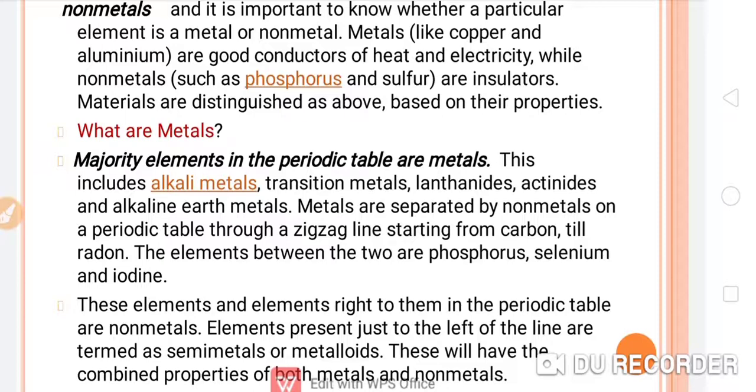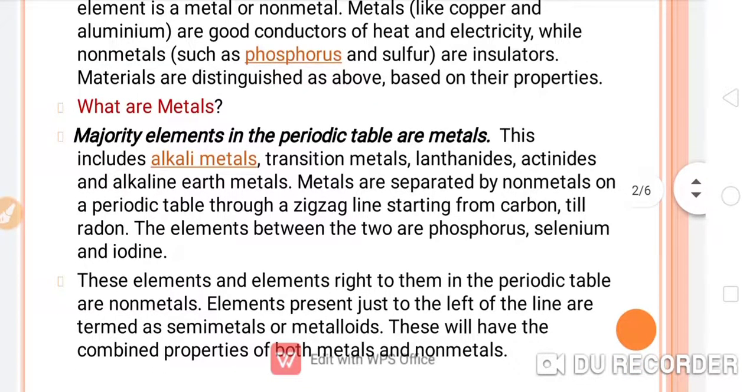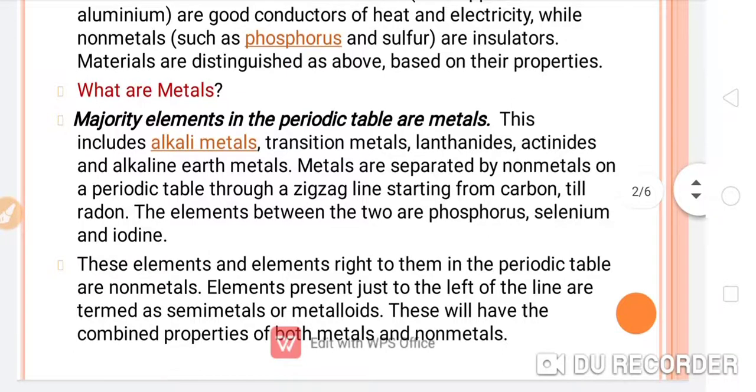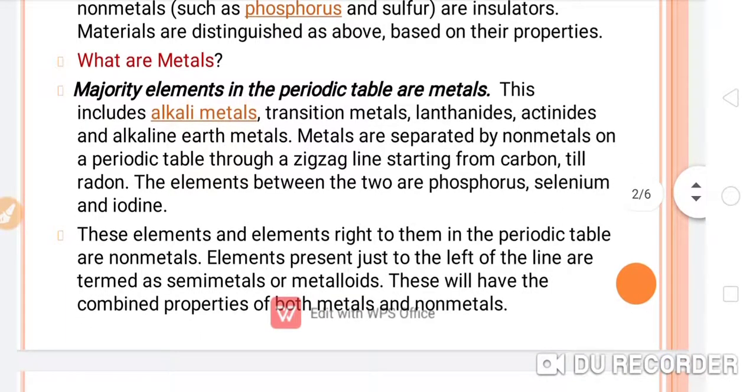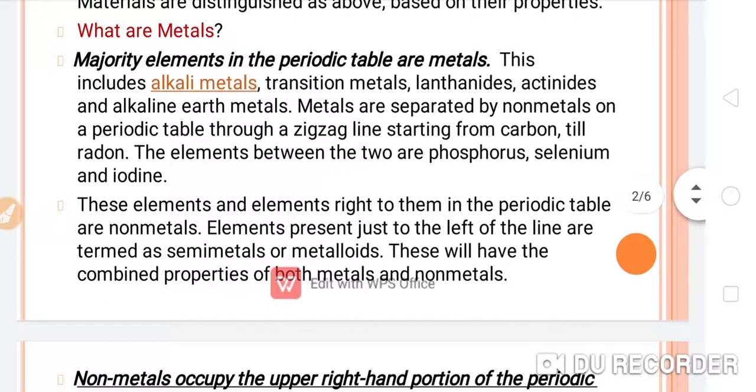Metals are separated from non-metals on the periodic table through a zigzag line starting from carbon till radon. The elements between the two are phosphorus, selenium and iodine. These elements and the elements to the right of them in the periodic table are the non-metals.